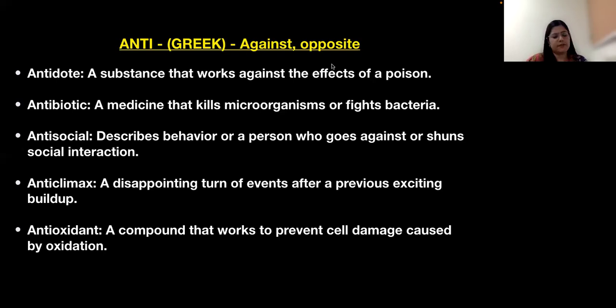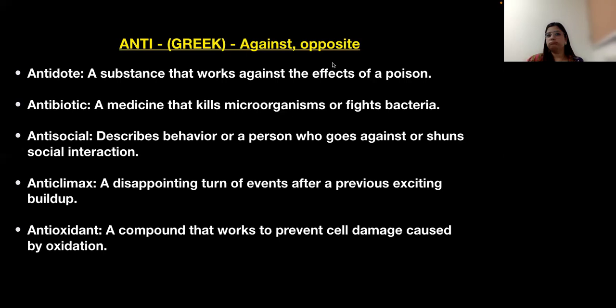So antibiotic, we are talking about antibiotic. Antibiotic is specifically for bacteria. So a medicine that kills or that acts opposite bacteria. Antisocial, a person who is sort of not in favor of being in a group or wants to limit their social interaction.